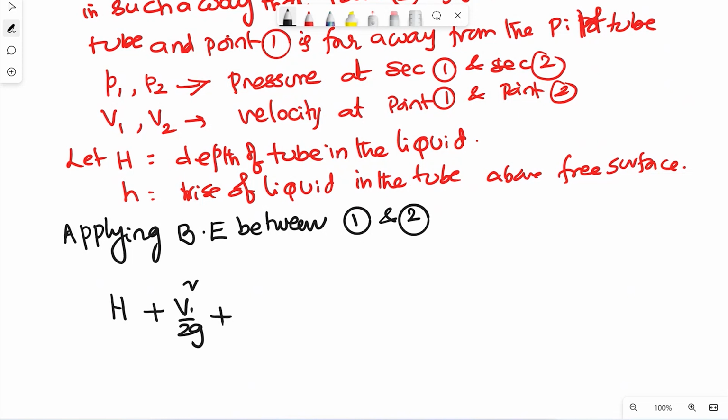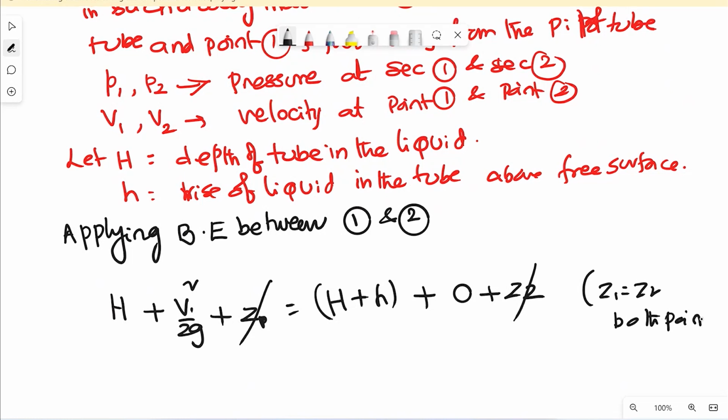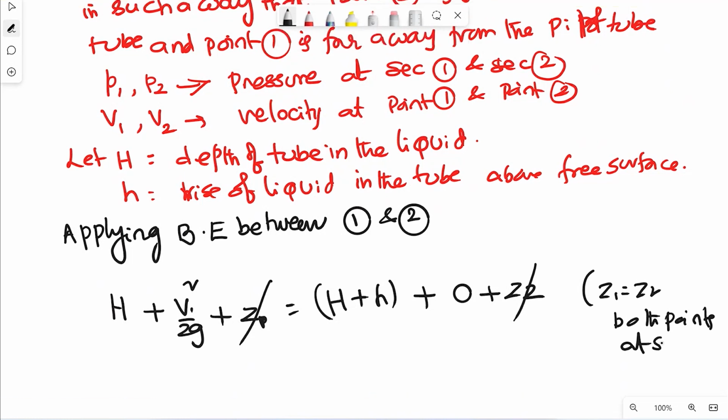Because both are at the same level, the datum will not come into the picture. Even if I write z1, what is the pressure head here? The pressure head is increased, h plus H, the velocity head becomes 0, plus z2. So these two will not be there because z1 is equal to z2, because both points are at the same level.